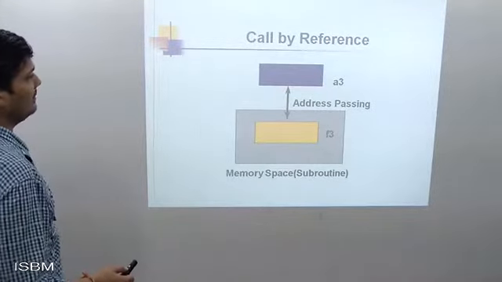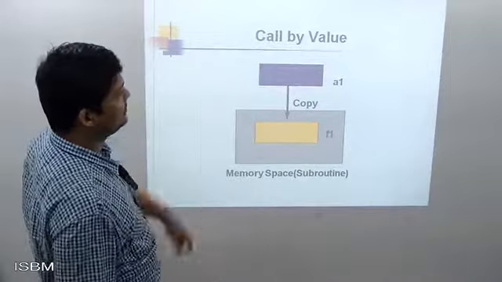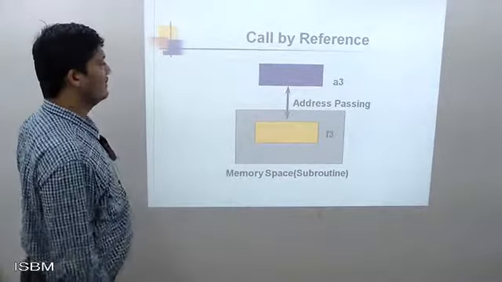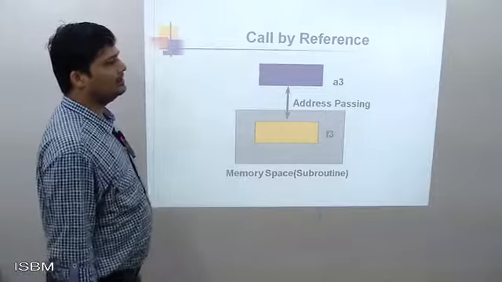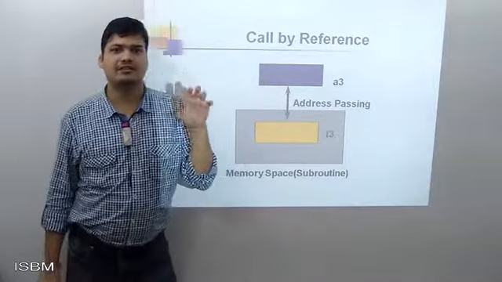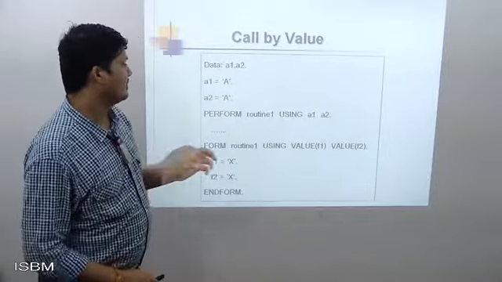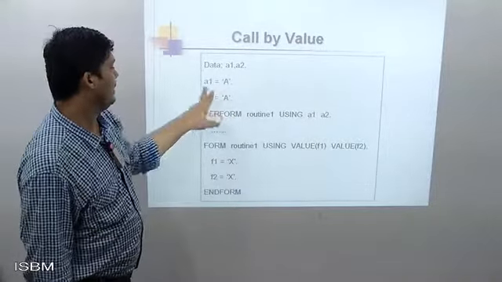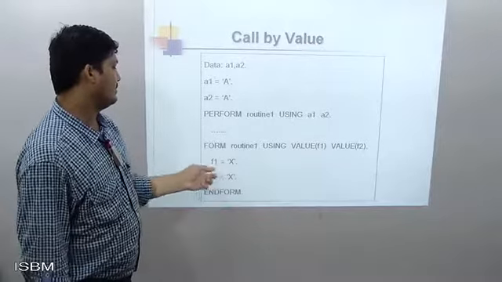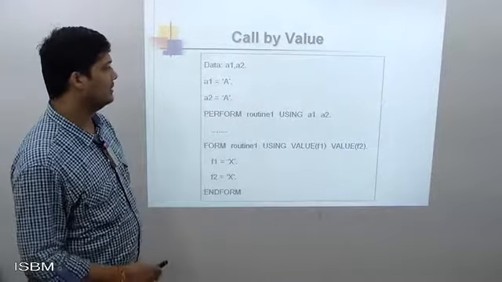The first thing we have used here is call by value. The second thing is call by reference. In call by value, we are passing the value itself. Just like here, we have passed the value x to F1, F2, and A to A1, A2.